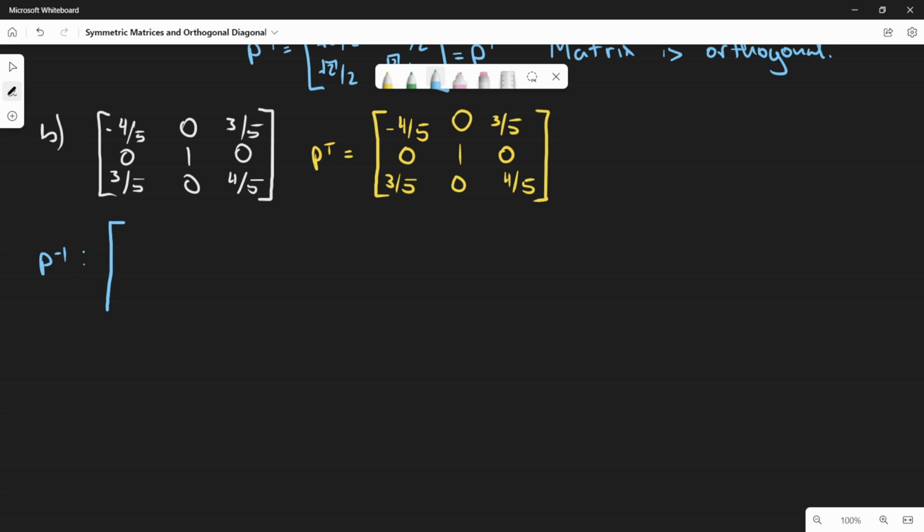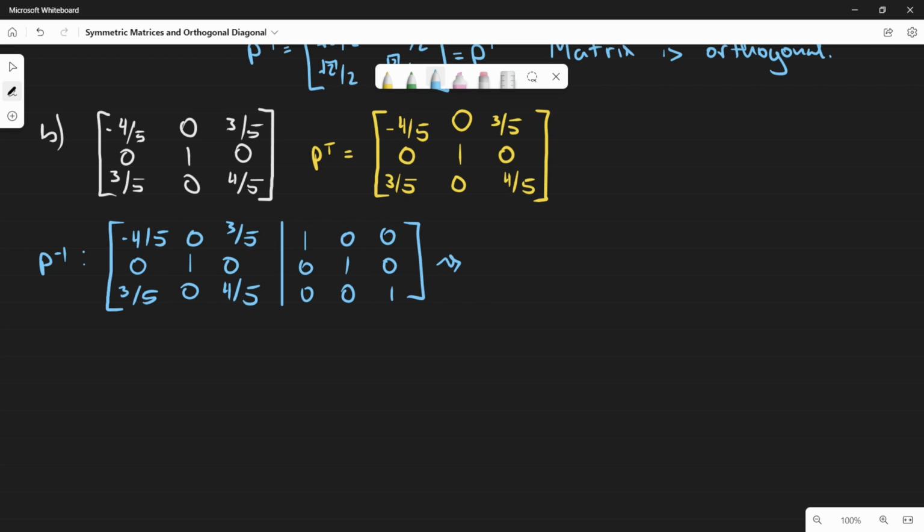The left side of the augmented matrix is the original matrix, and the right side is its corresponding identity, which in this case is a 3 by 3. Now we have to create the identity matrix on the left side, and then on the right side it's our inverse.